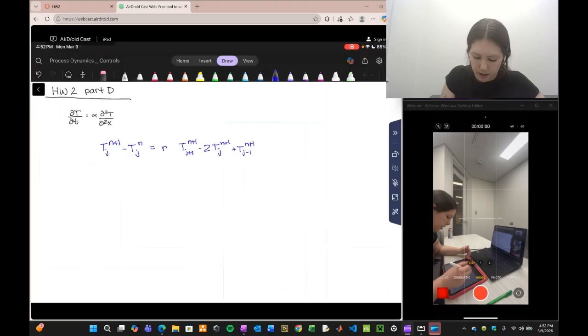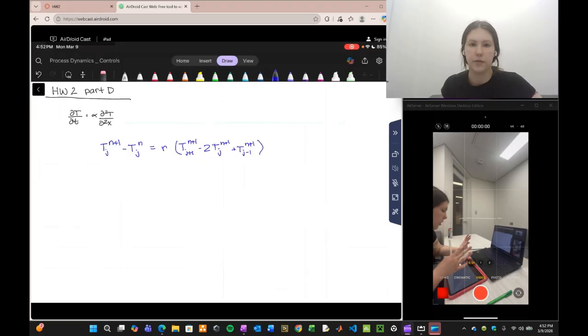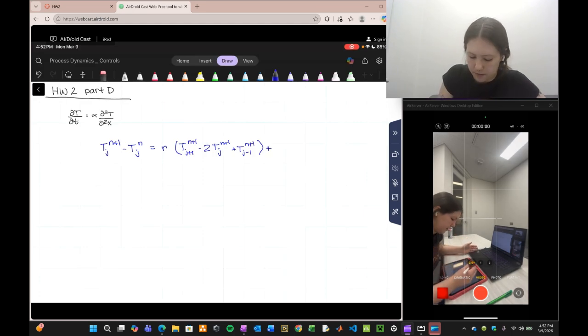And so these are the temperatures at all of the future times. And then we also have the temperatures at our current times. So we have T at section j plus 1 at time n minus 2T j at time n, and then plus the temperature at section j minus 1 at time n.